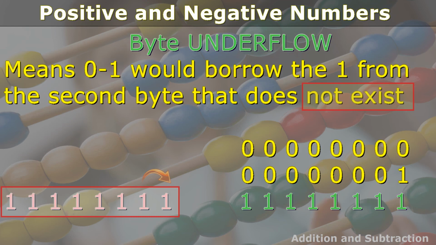So what is a byte underflow? Well, it means if you have 0 in your byte and you subtract 1, you would borrow 1 from the second byte, again, that does not exist. So your byte in green would go all to 1s. It would underflow from 0 back to the highest number of 255.